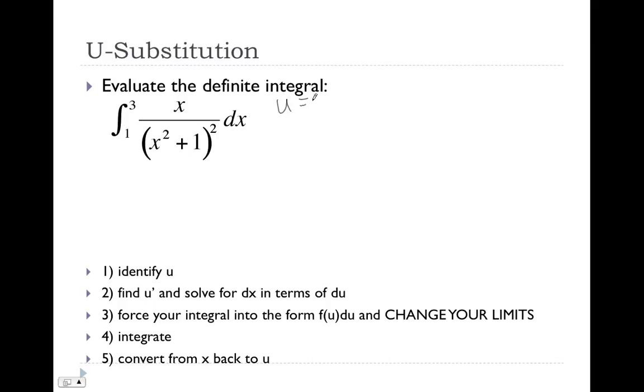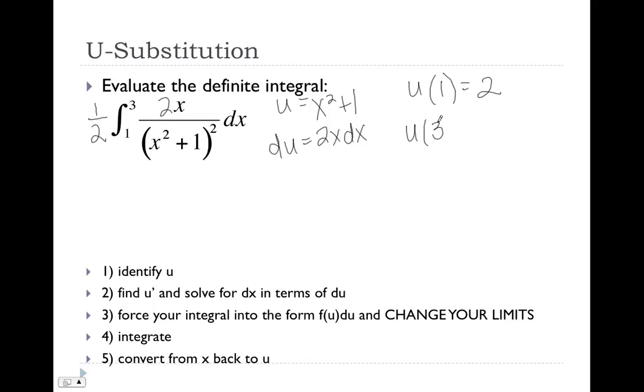I define u to be x squared plus 1. Therefore, du is 2x dx, which means a 2 out front and a 1/2 in front of the integral. I need to u my limits. U of 1 is going to be 2. U of 3 is going to be 10.